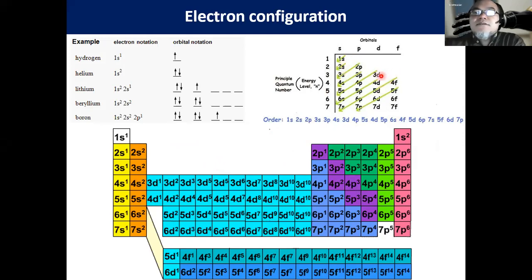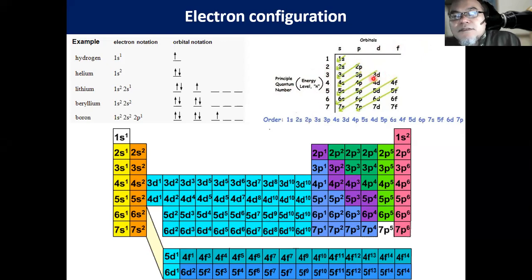From the first energy level n, the first shell and its first subshell, then it goes to the second shell, the first subshell, which is 2s. Afterwards, it goes to the second subshell of the second shell, then goes to the first subshell of the third shell, 3s. Like this, like that.